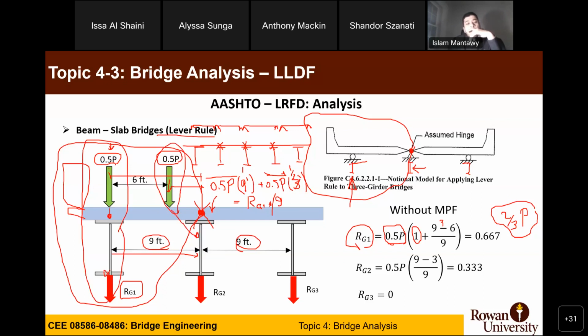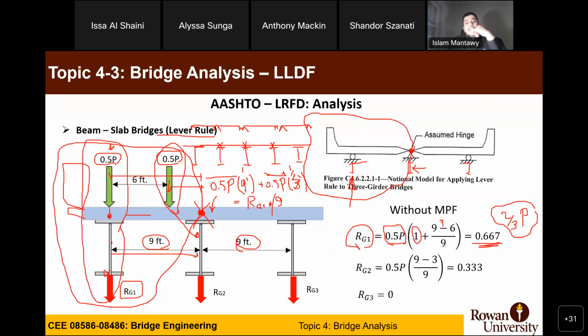Yes, yeah. So that means that if I have a loading scenario where I have one truck very close to the exterior girder, I can consider in this case 2/3 of the truck load or weight will go to the exterior girder, correct? Yep.